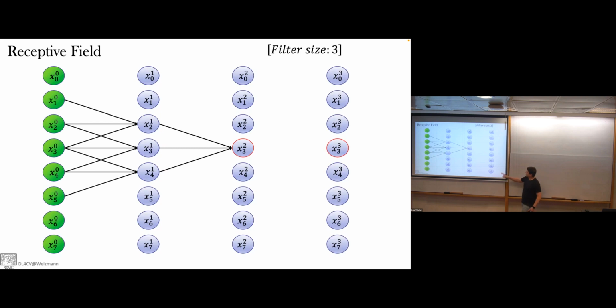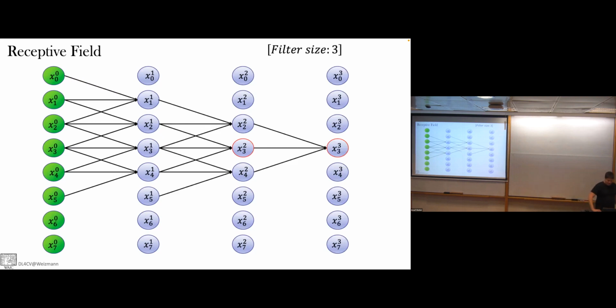How many neurons in the input are going to influence this value? 7. So there is this calculation that you can do. Think about it, it's again one of those boring +1 -1 things. And if there is stride, you multiply by stride. You can do these games. My point is not how to calculate this. My point is that it exists.